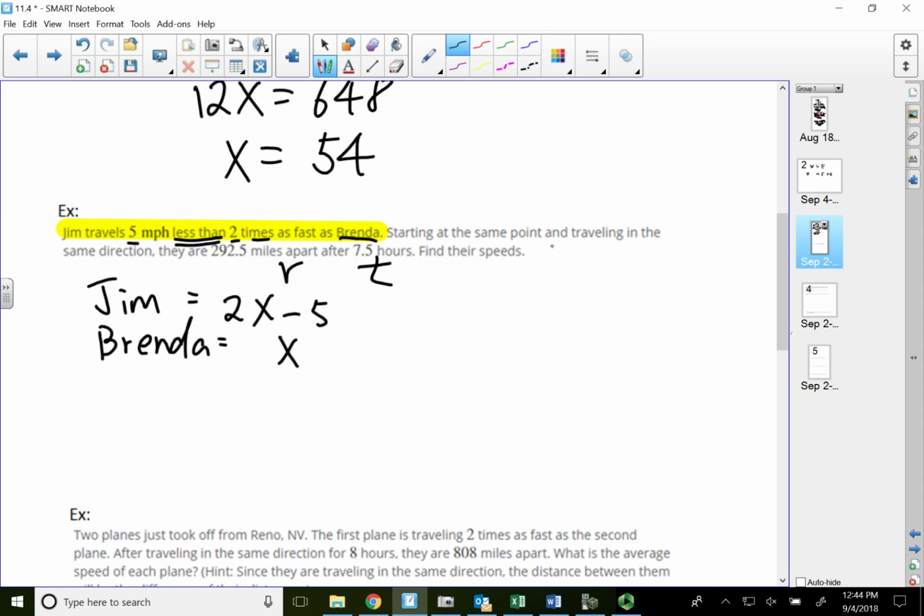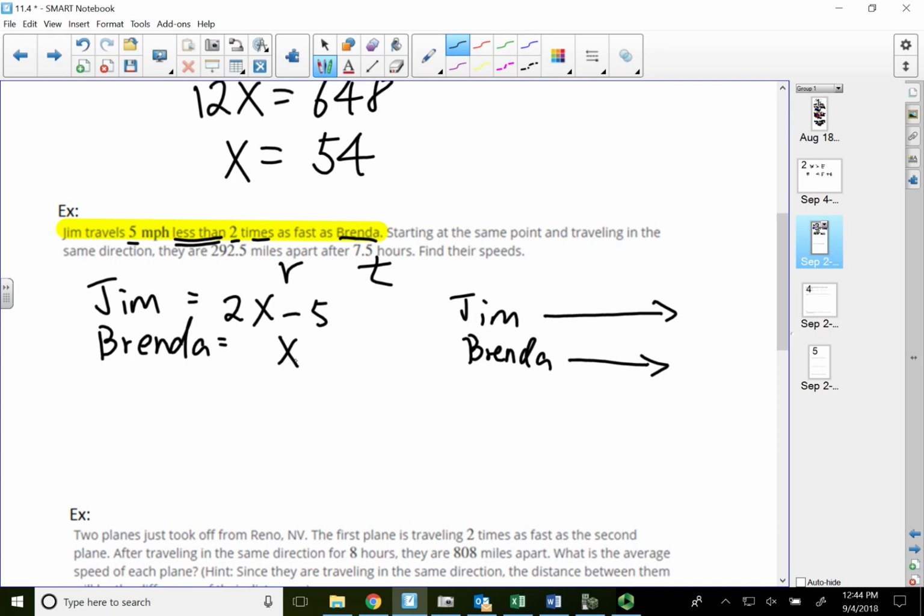Starting at the same point, traveling in the same direction. Okay, so Jim, Brenda. Let's just say they're all going to the right. They are 292.5 miles apart after 7.5 hours. So what does that mean? Jim traveled 5 less and 2 times as fast as Brenda.